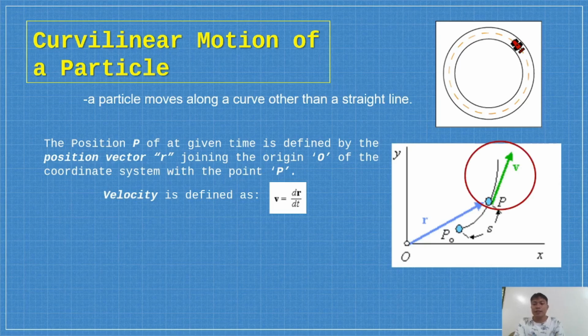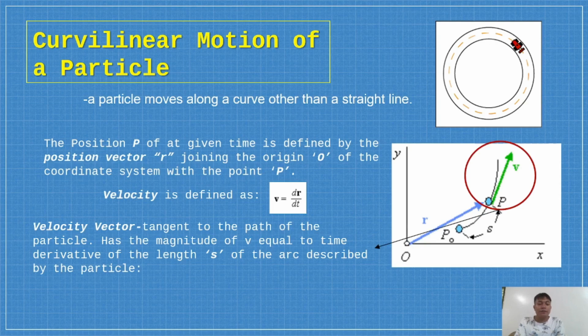So the velocity vector is tangential to the path of our particle. If this is the path of our particle, then our velocity vector should be tangential.